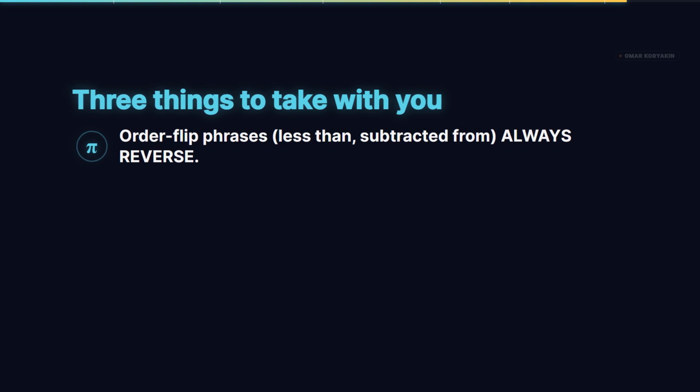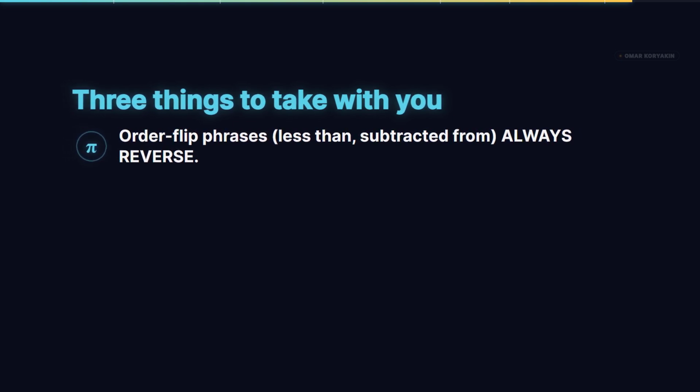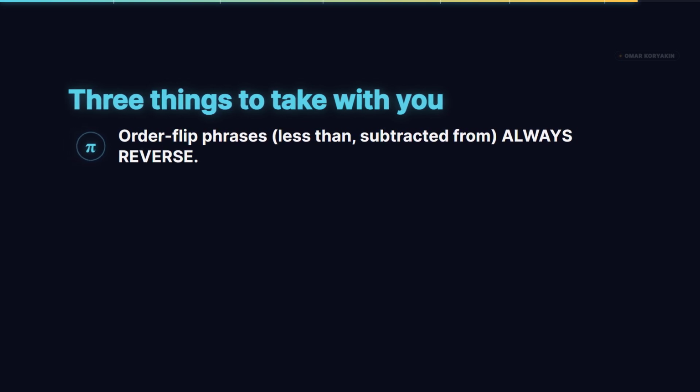Treat the reversal phrases as permanent red flags that trigger a deliberate write down of the expression in the correct order. Underline the phrase, write the larger quantity first, then write the offset second. Build the habit into reflex over a few dozen practice problems, and you will never miss a flip again.